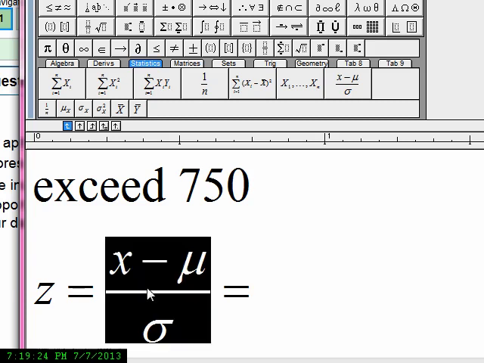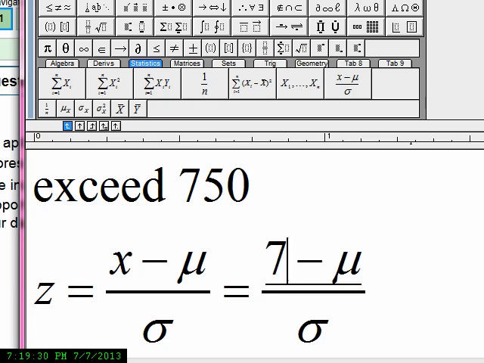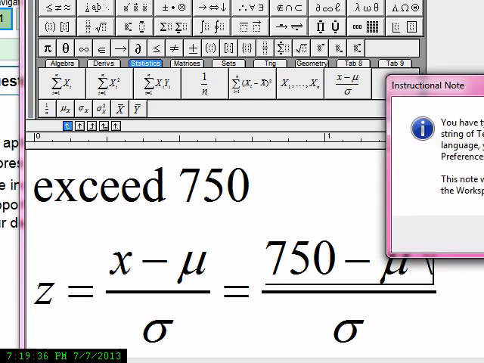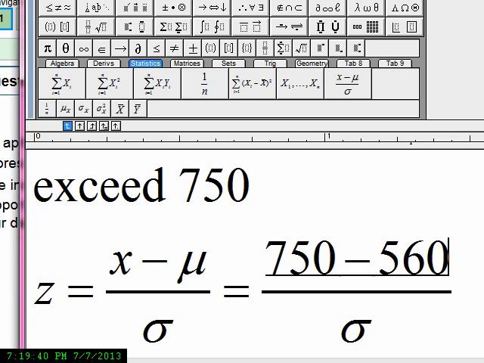So it's going to be 750 minus the mean of 560 divided by the standard deviation of 120. So we'll go out to the ALEKS calculator and capture that.